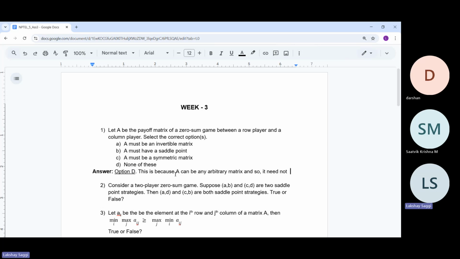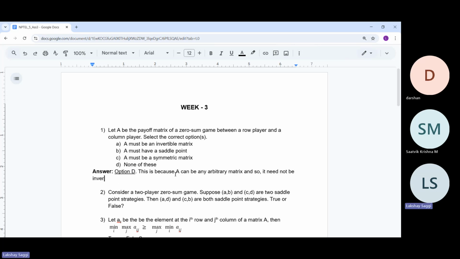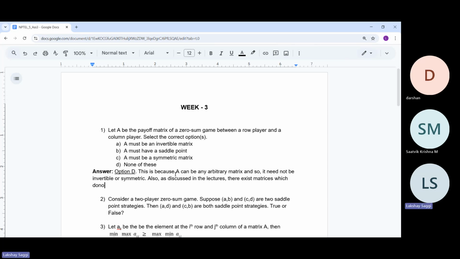A can be any arbitrary matrix, it need not be invertible or symmetric. Also, as discussed in the lectures, there exist matrices which do not have a saddle point.